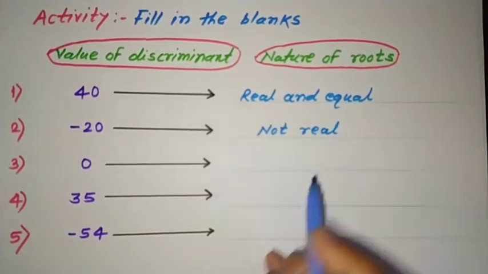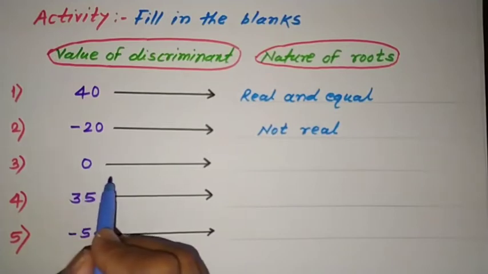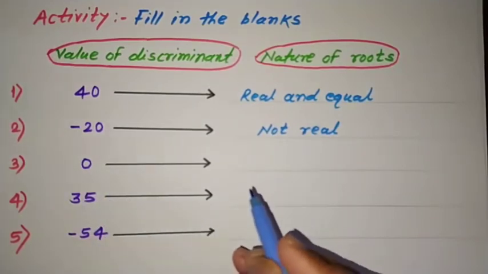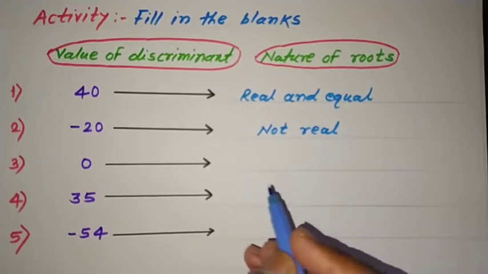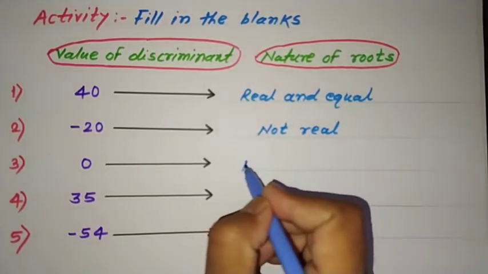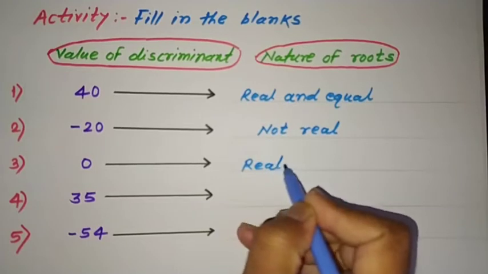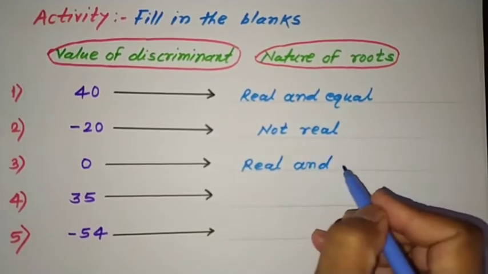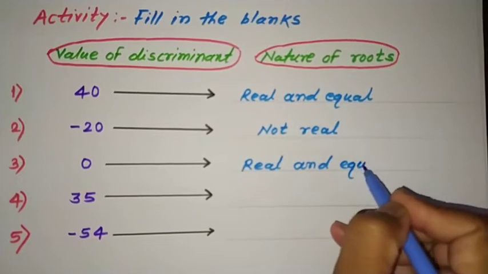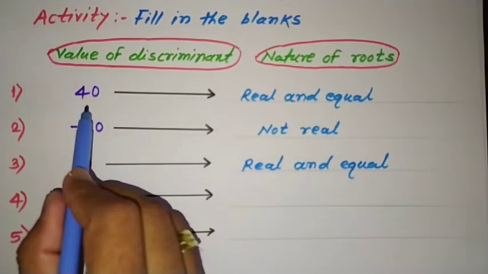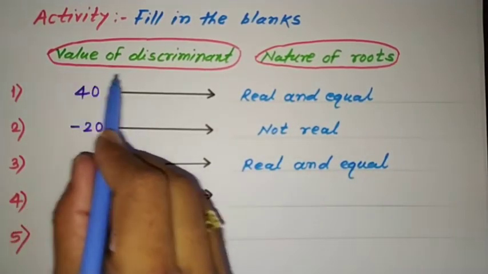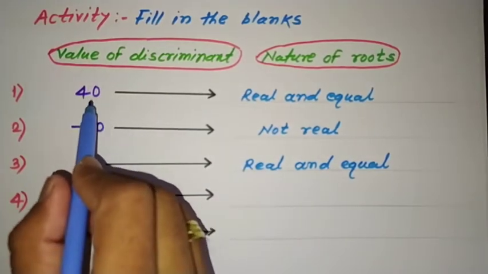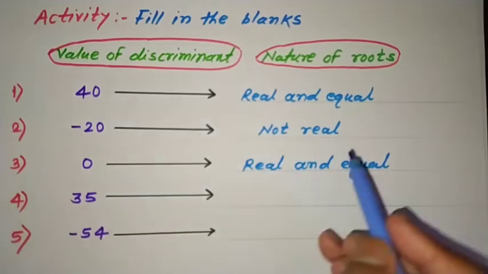Value of discriminant is 0. The nature of roots: real and equal. Here the value of discriminant is greater than 0.